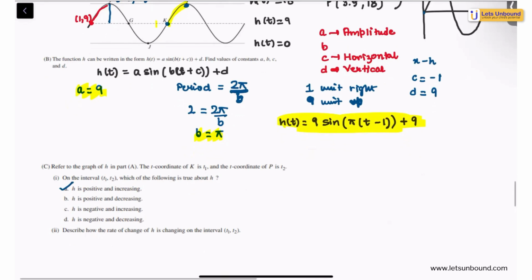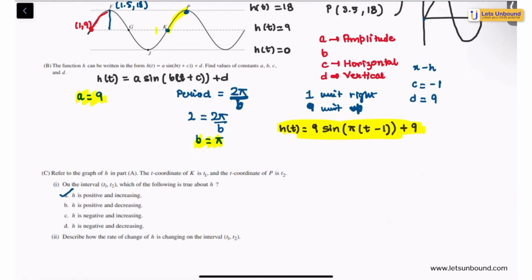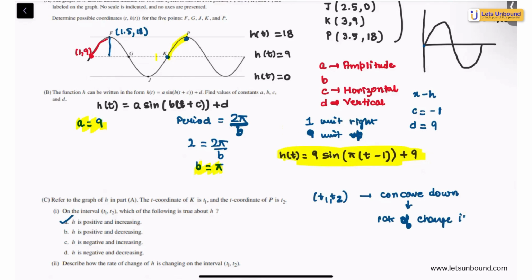Now understanding the second part, it says describe how the rate of change of h is changing on this interval. If we look at the graph from t1 to t2, which is the graph from K to P, the function is concave down. And since the function is concave down, we can say the rate of change is decreasing.